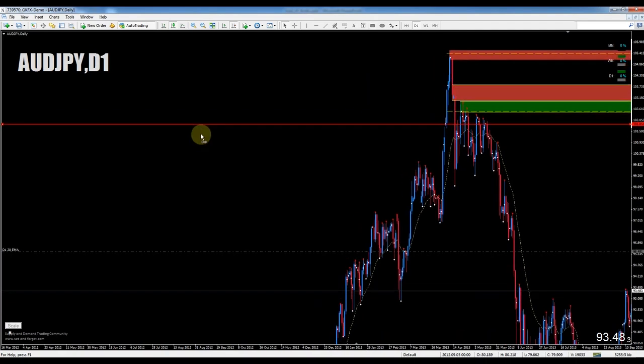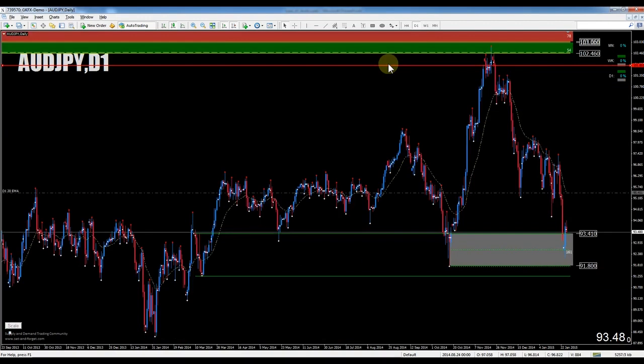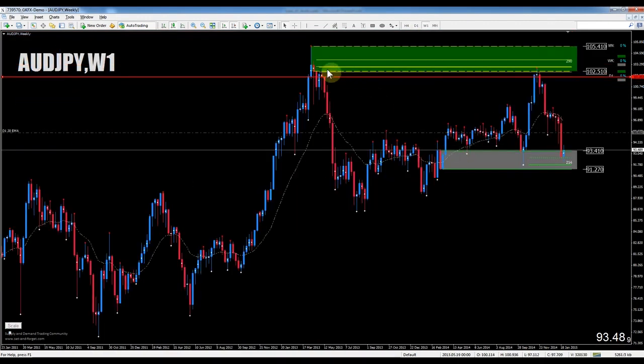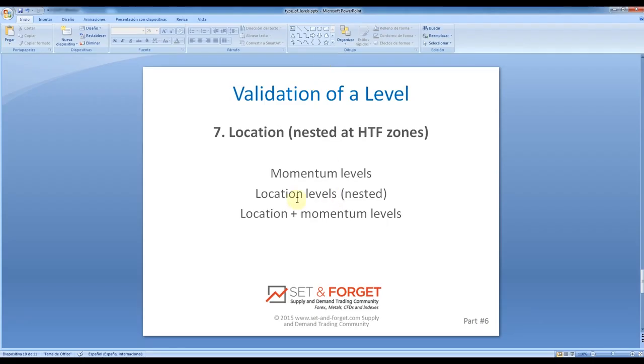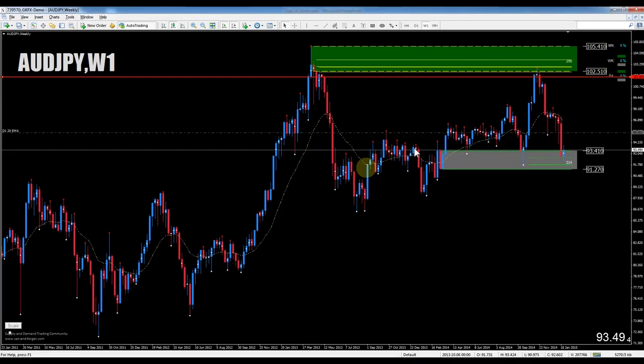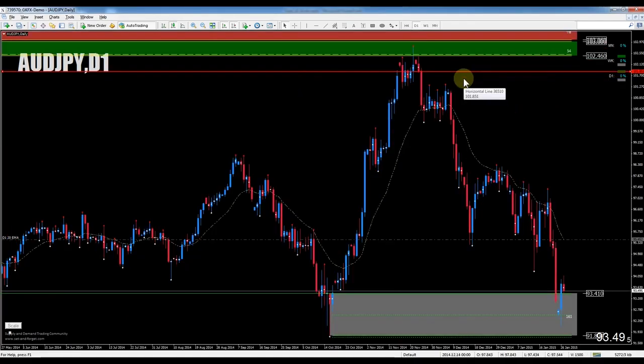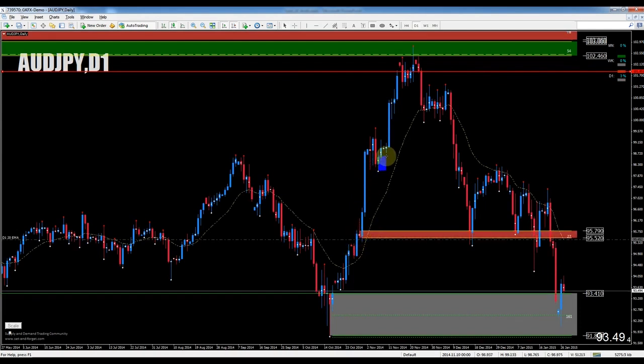These levels we will be able to see when we switch to a bigger time frame, we will see these lines with the rectangle read indicator, and this is telling us that we have location type of levels up there that have to be differentiated from the momentum type of levels, which are in the middle, on the way up. On the way up we have levels.